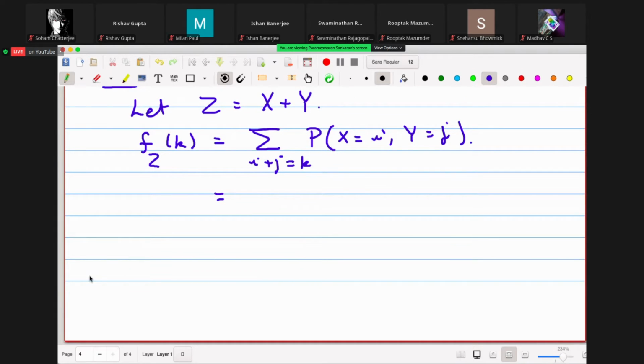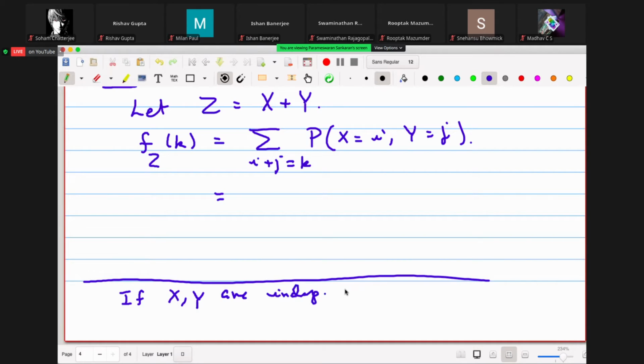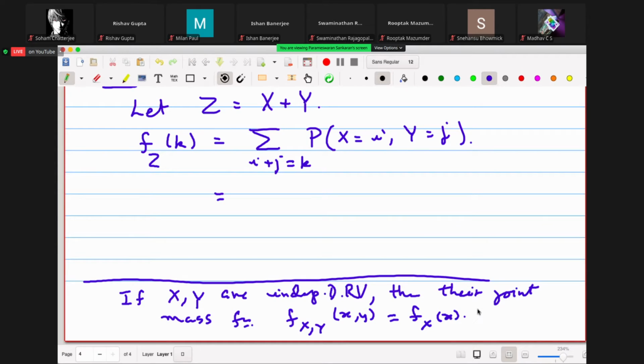I write at the very end: if X and Y are independent discrete random variables, then their joint mass function f_XY(x,y) is simply f_X(x) times f_Y(y). This is absolutely trivial, you just think about it. In fact, the converse is also true, and this is an exercise. Do this exercise today itself.